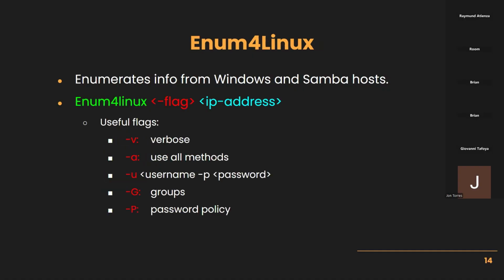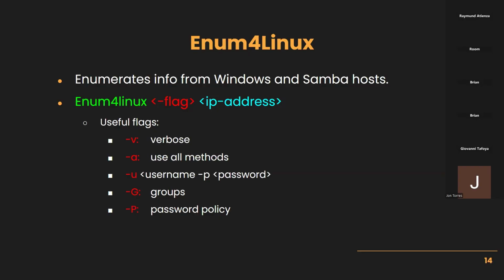So enum4linux basically just enumerates info from Windows machines in the network, or file shares that are being hosted on these devices. Some useful flags are -v for verbose, which prints everything in a readable format and gives additional details.